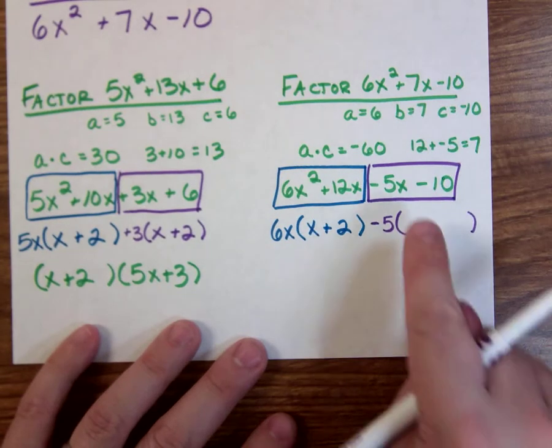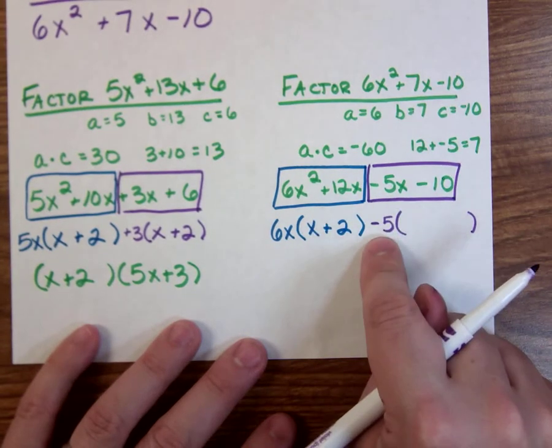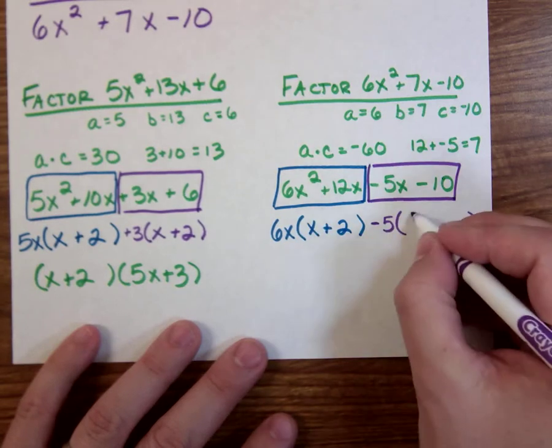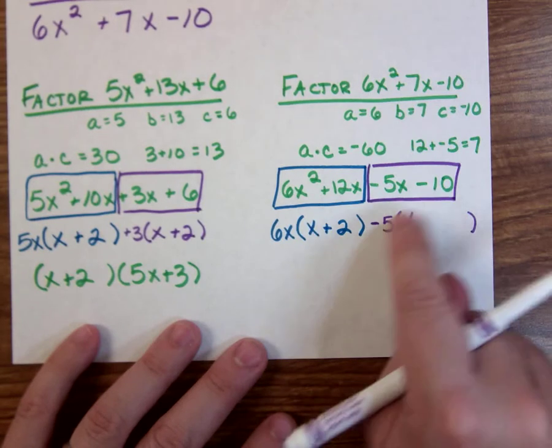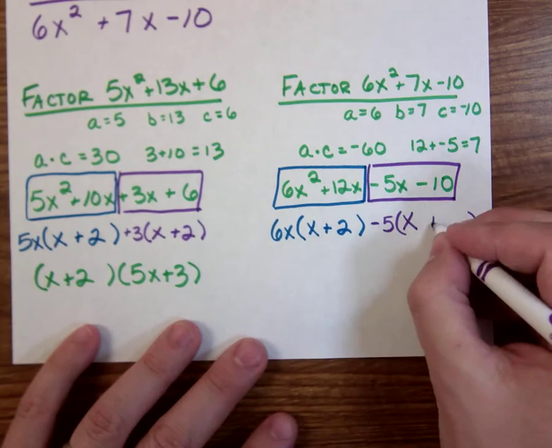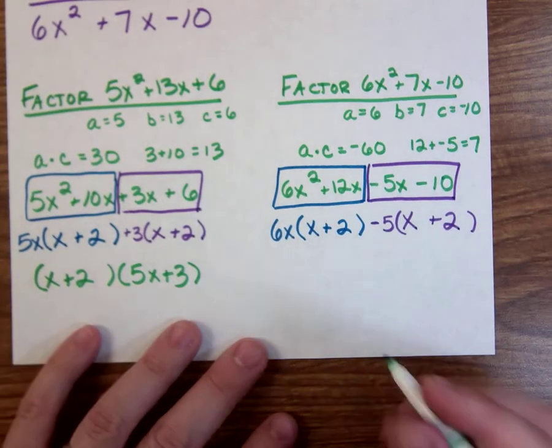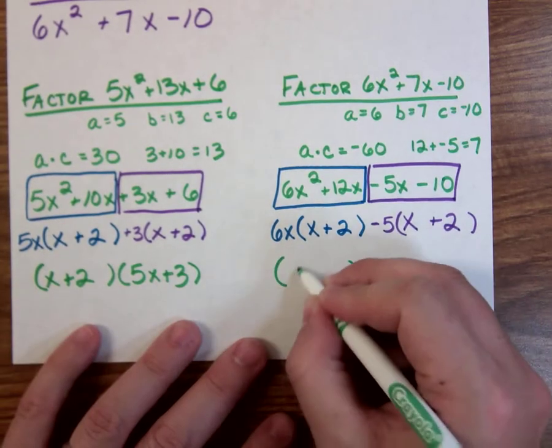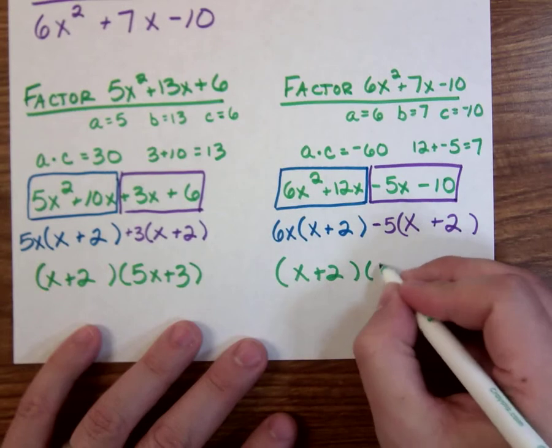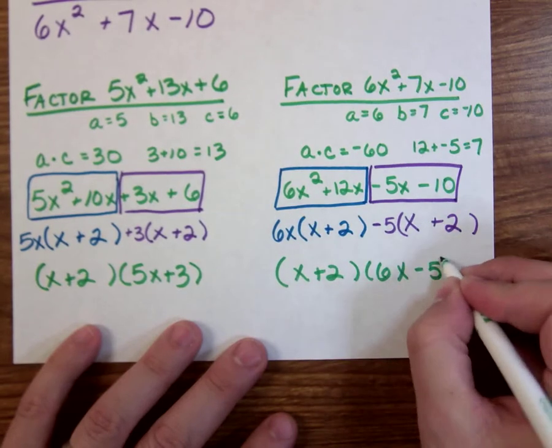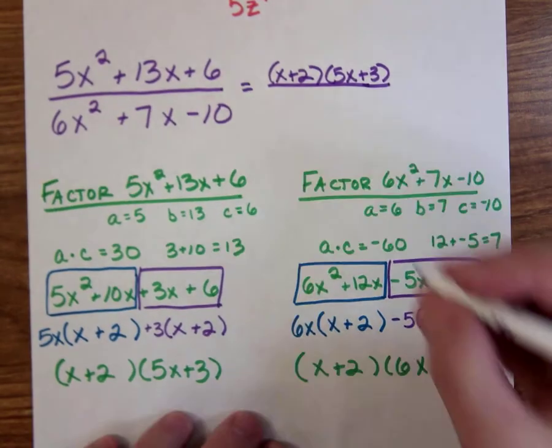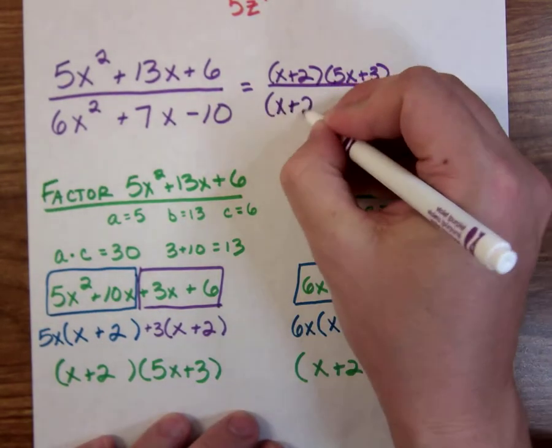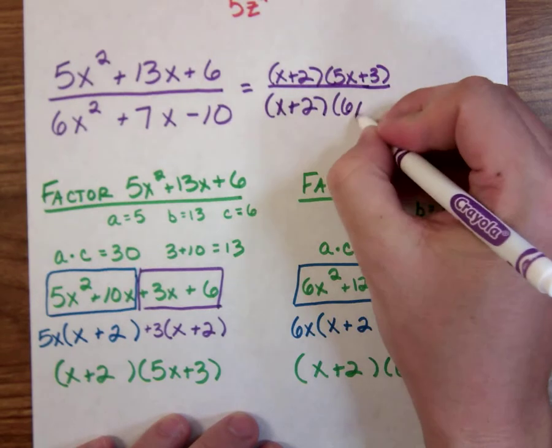Make sure you get the signs right. Negative 5x divided by negative 5 is x. And negative 10 divided by negative 5 is plus 2. So what do these factor into? Great. That is going to be the factors of the denominator: x plus 2, 6x minus 5.